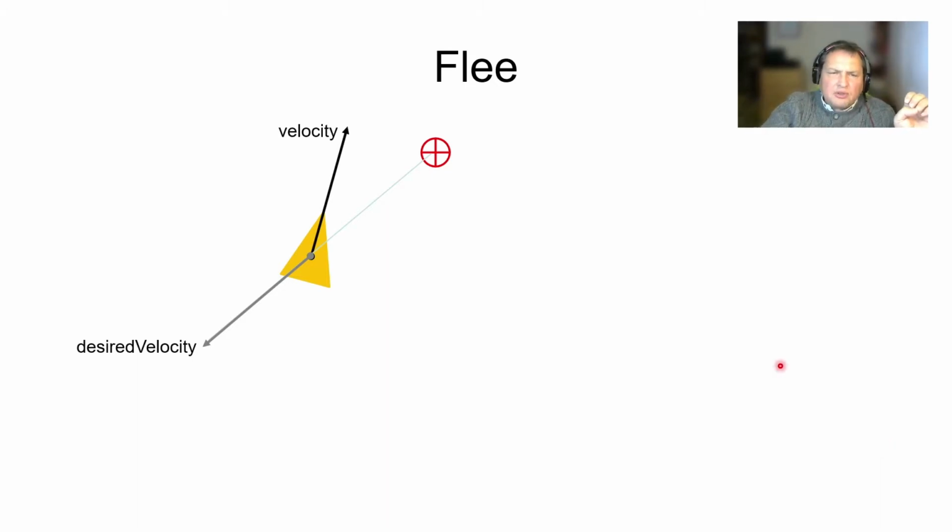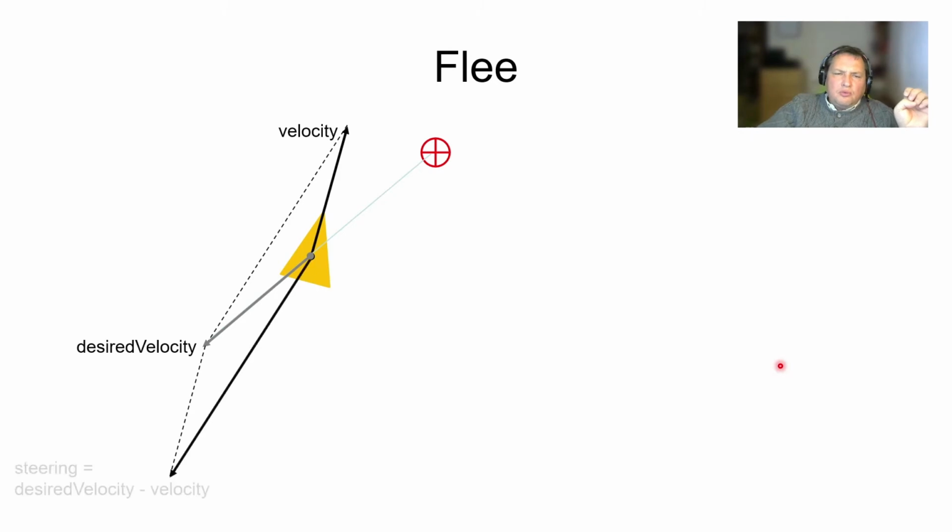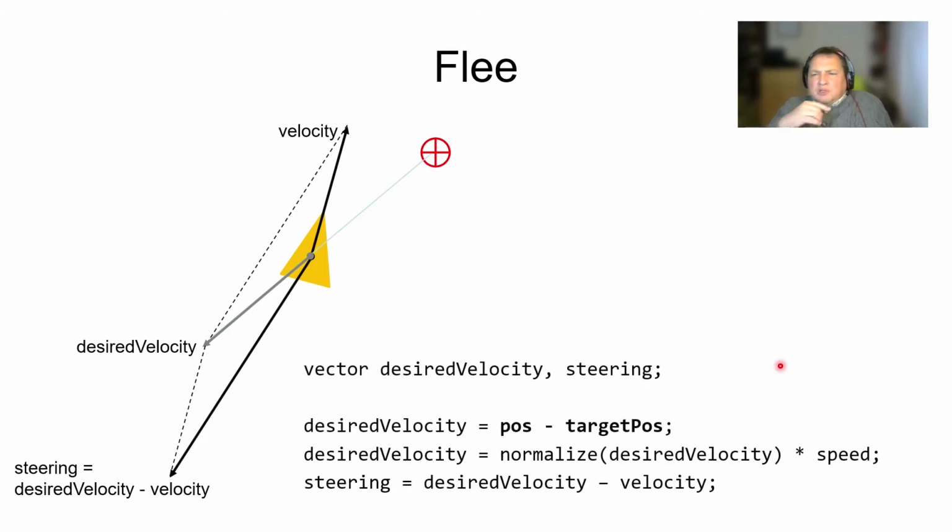So the steering force will look quite strange. It's going backwards, but the maths behind the scenes is exactly the same. Steering is still desired velocity minus velocity. And here you have a pseudocode, which is very similar to the pseudocode of the Seek behavior pattern.